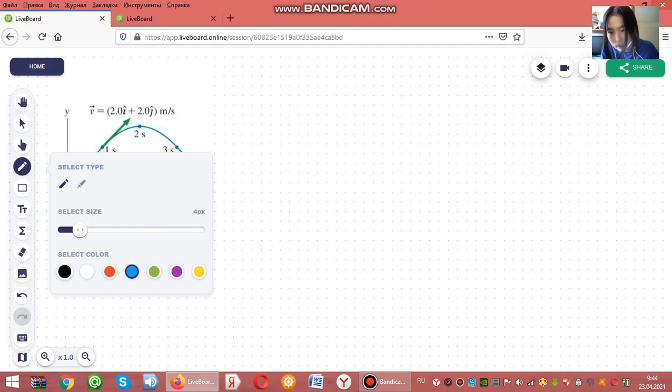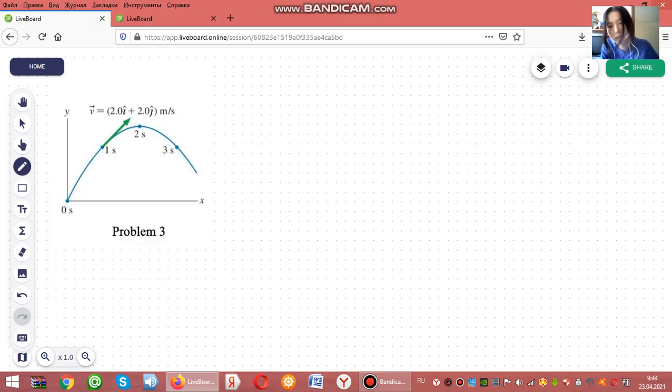You can already see the picture here, right? Okay, let's find the velocity at 0, 2, and 3 seconds.